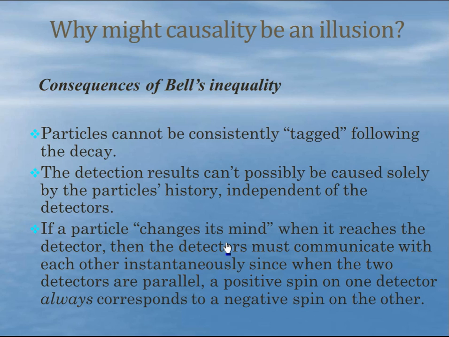The problem only came because we said that as soon as the particles come off from the decayed particle, they must have a deterministic specification of what happens to them afterwards. Okay, so causality could possibly be the source of the problem.